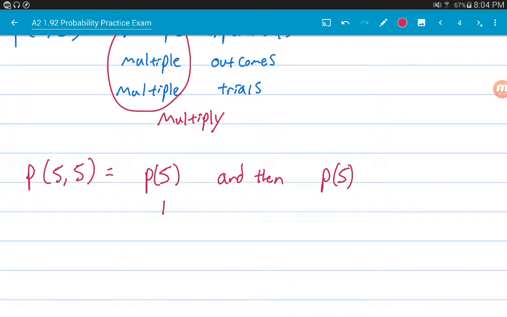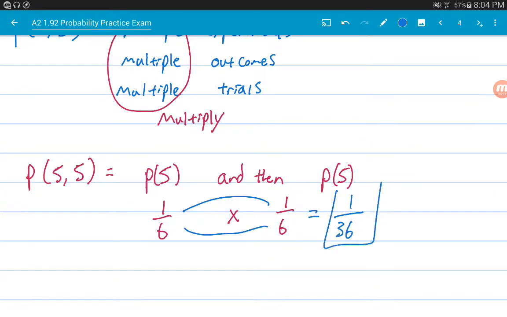So this is going to be 1/6, and then, it's multiplication, the probability of another 5 is 1/6. And when you multiply fractions, you multiply top times top, 1, and bottom times bottom, 36. Okay, so we really only multiply when we have multiple trials.